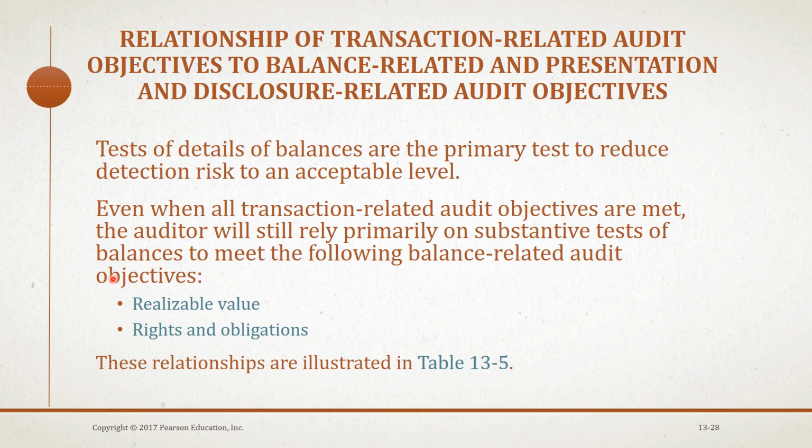What this really means is that tests of details of balances are primarily done to reduce your detection risk to a level that you as the auditor are comfortable with. We're going to do plenty of tests of details. We're going to look at bank recs, accounts payable reconciliations, AR reconciliations. Why? Because we want to make sure that the risk that we won't detect something is as minimal as possible.